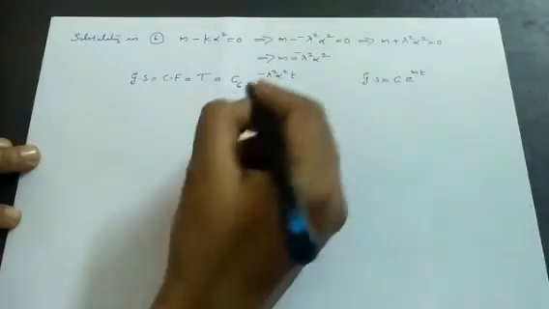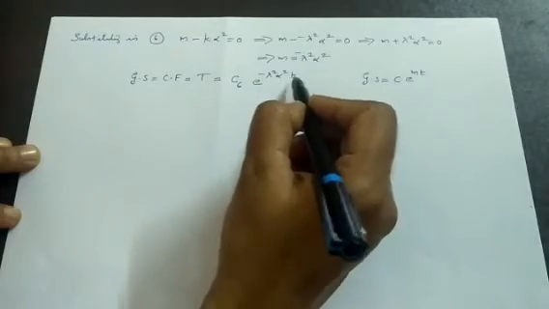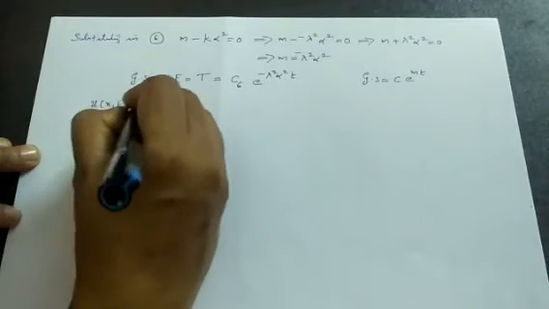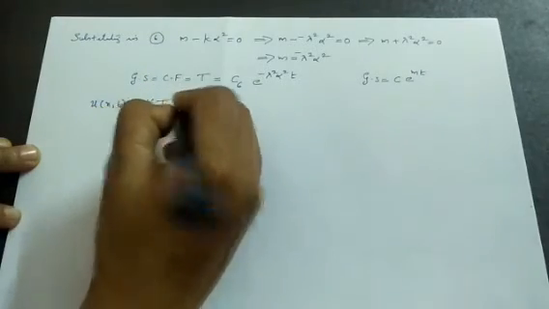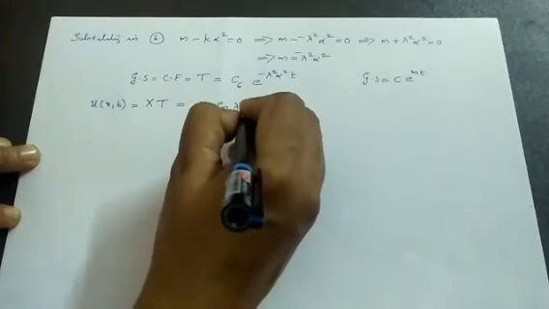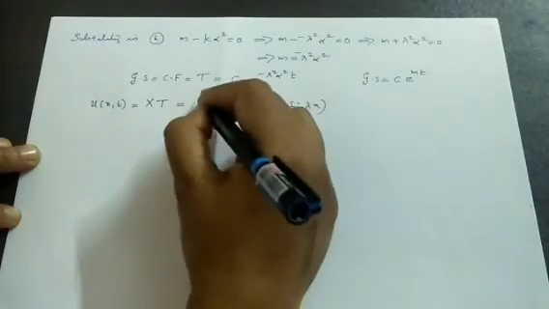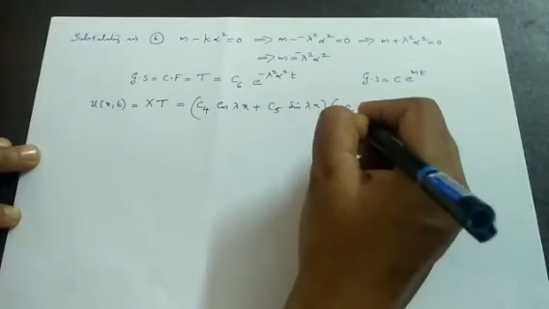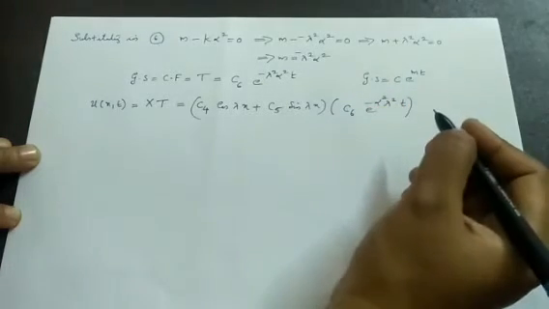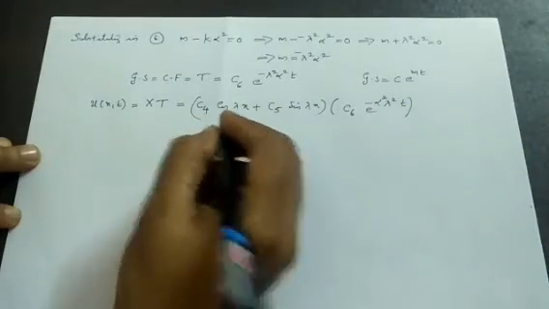Now u of x t is capital X times capital T, where X is c4 cos lambda x plus c5 sin lambda x, and T is c6 e raised to minus alpha square lambda square t. This is the case when k is negative.